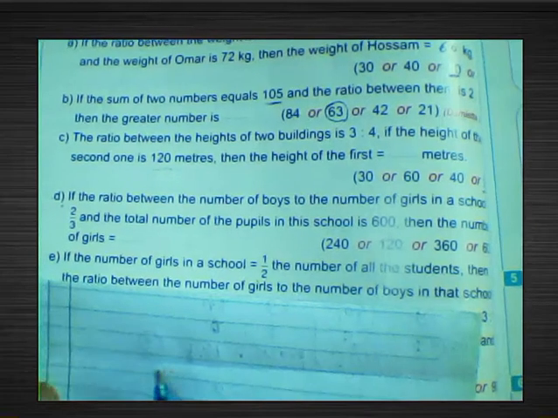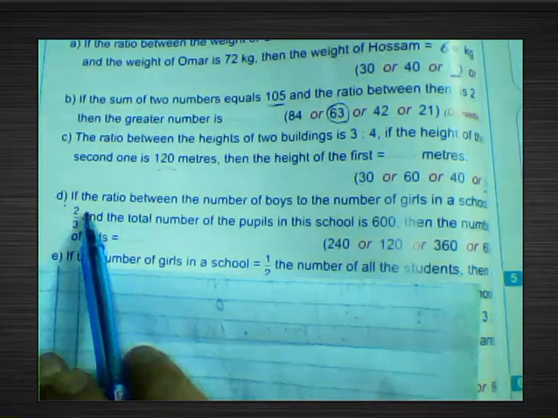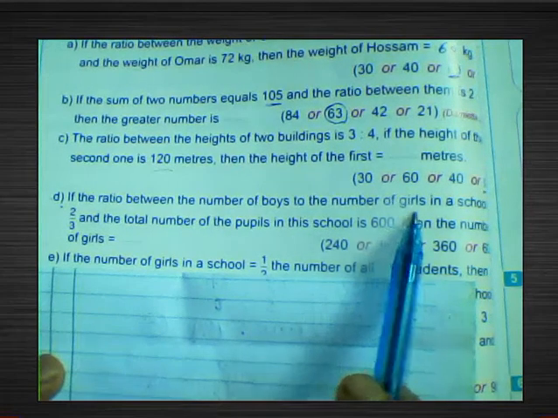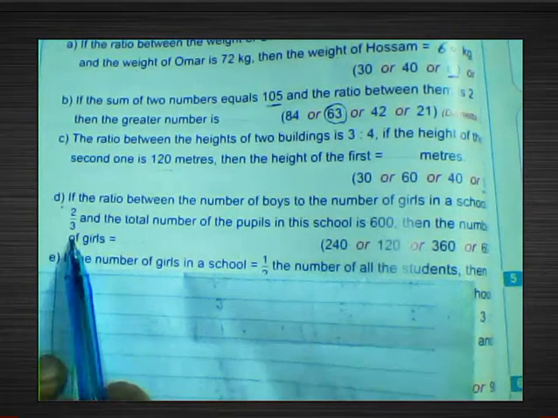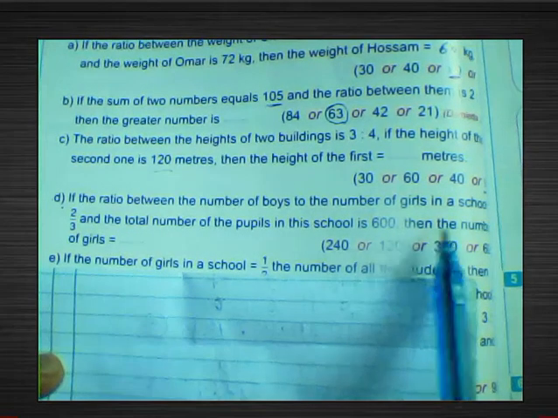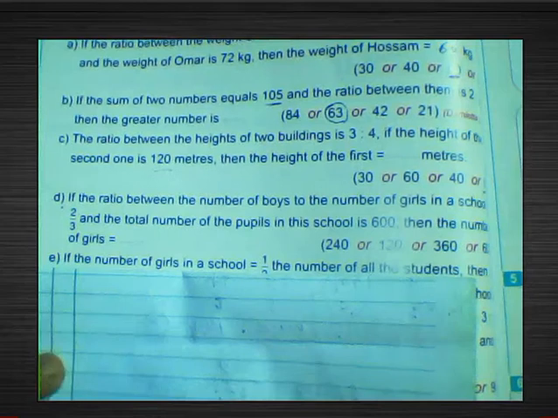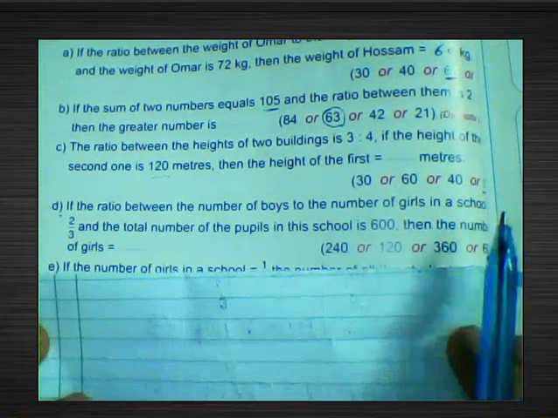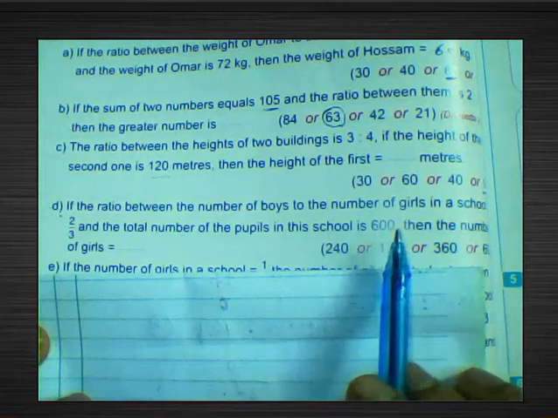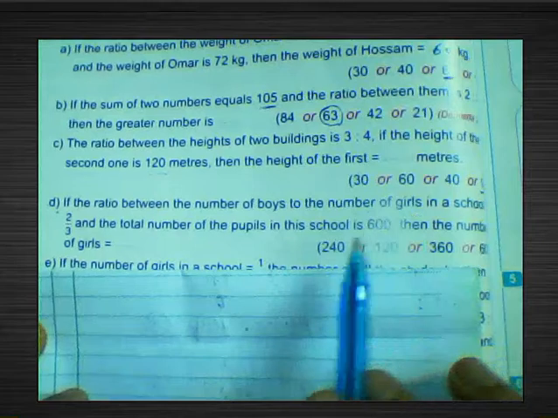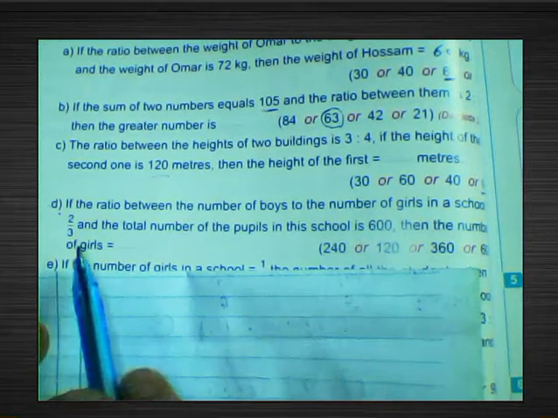Look with me. If the ratio between the number of boys and the number of girls in the school is 2 over 3, and the total number of the pupils in the school is 600, then the number of girls equals blank.